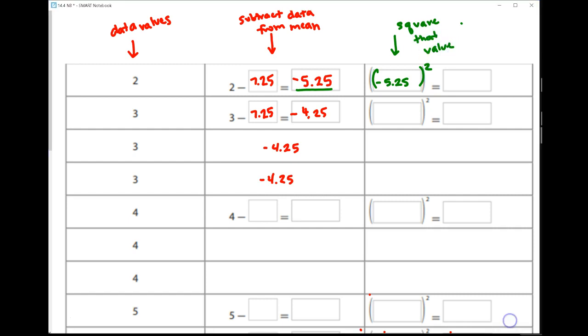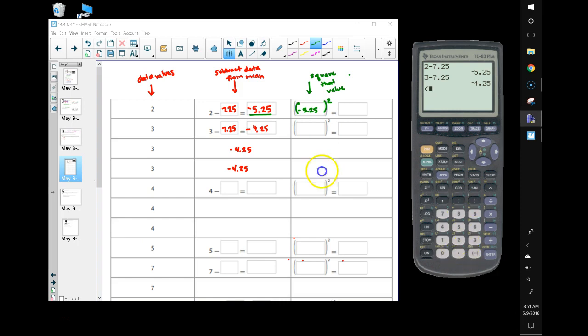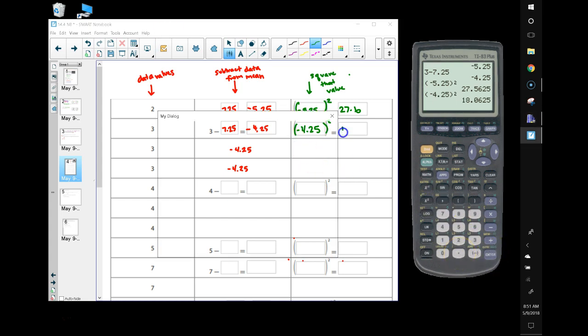So when I go to my calculator and put in parentheses negative 5.25 parentheses, and I square it, I'm going to get 27.5625. Always round to the nearest tenth in this target. So I'm going to get 27.6. When I do the next one, I'm going to take negative 4.25 and square it. So negative 4.25 parentheses squared, I get 18.1.